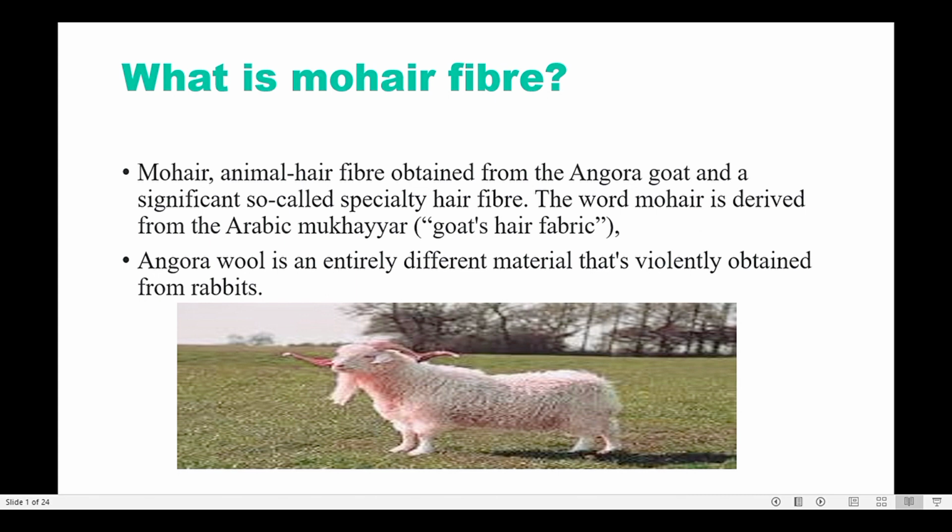Most people confuse the source of mohair fiber with the source of wool fiber. Let me clear this up. Angora wool is an entirely different material that is obtained from rabbits. So mohair fiber and wool fiber have different sources of origin.